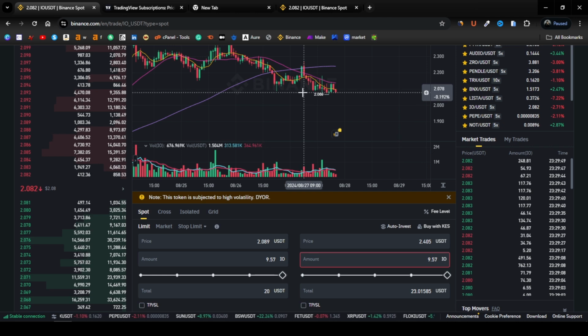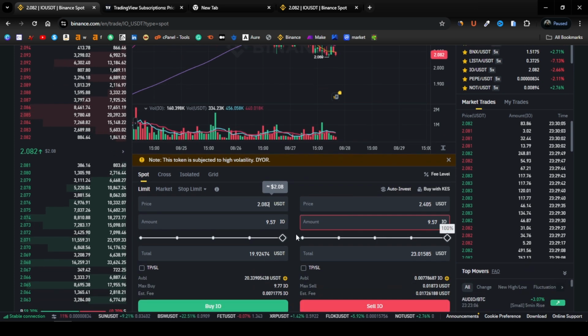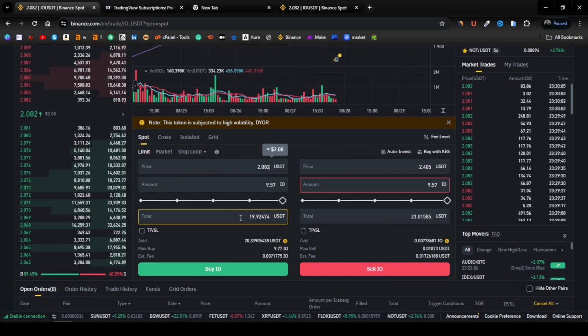I'm going to come here and see if I can get it at 2.082. That is okay, I'm just going to put it here. I'm going to change the price here, and I'm not going to buy all of it, so I'm just going to buy 10.